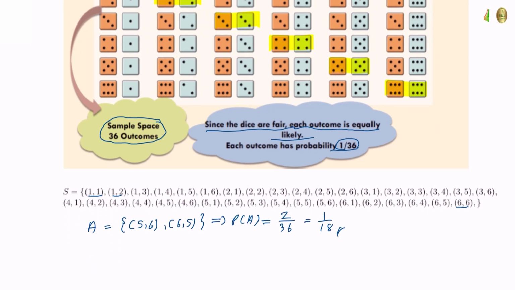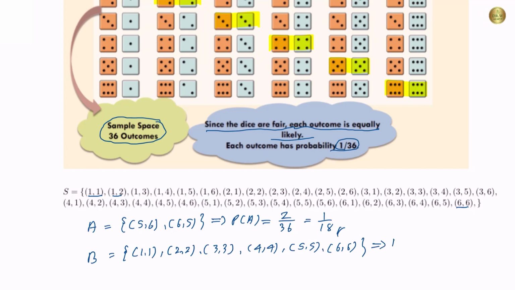Therefore, we can write B equals (1,1), (2,2), (3,3), (4,4), (5,5), (6,6). So what is the probability of event B? The number of elements is 6, total 36, therefore 1 over 6.